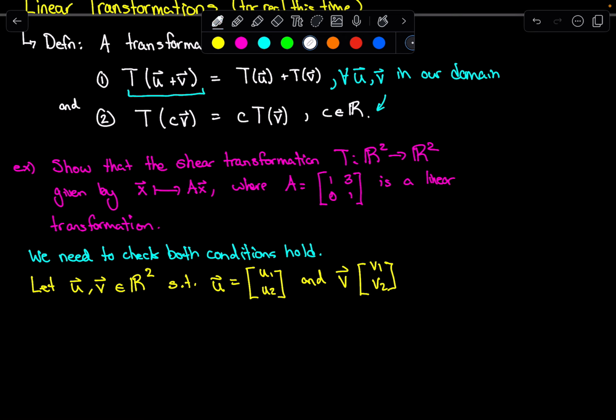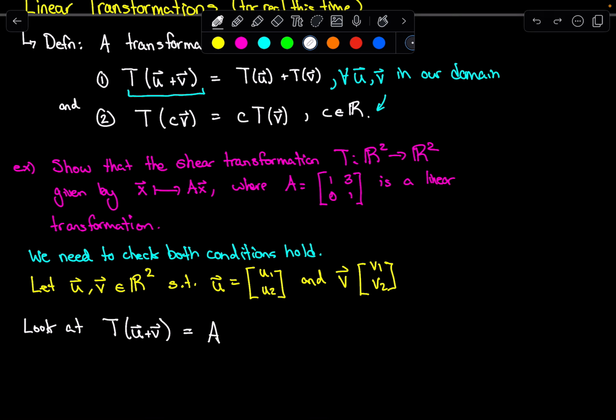So let's take a look at this transformation of u plus v. T of u plus v is the same thing as, remember that this is defined to be A times, and normally it's the vector x, but we're using u plus v here.